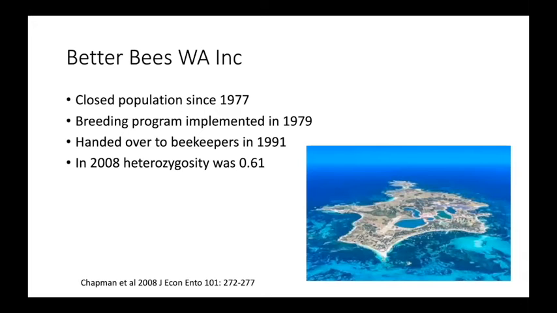And that is because they closed their borders to bees in 1977 because in the eastern states, they got European foul brood. And then there was some concern that from closing their borders that they would have an inbred population very quickly. So they implemented a breeding program in 1979. And then that was eventually handed over to beekeepers, and it's been ongoing ever since.